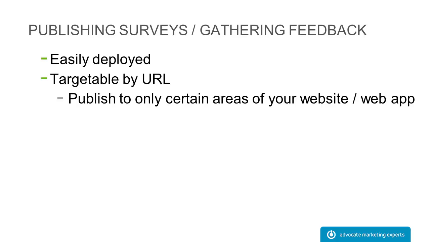Since AdvocateAnywhere is targetable by URL, you can make a challenge that asks people to give feedback based on that particular part of your app or your website, and only have the challenge show up on that page. And once you've installed AdvocateAnywhere on all of the web pages or URLs that you may want it to appear on, then you can easily deploy new or updated surveys on any page that you want.